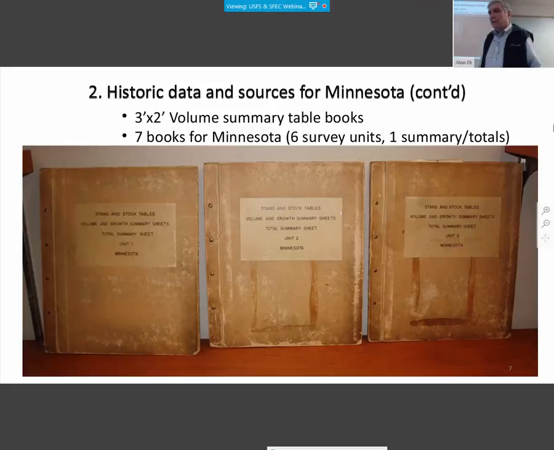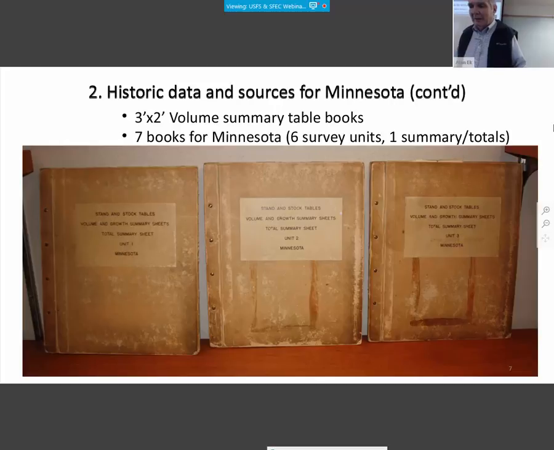And that was the data that we were able to work with. They were spreadsheets. We turned them into Excel spreadsheets, and I think there were well over 200 Excel spreadsheets.